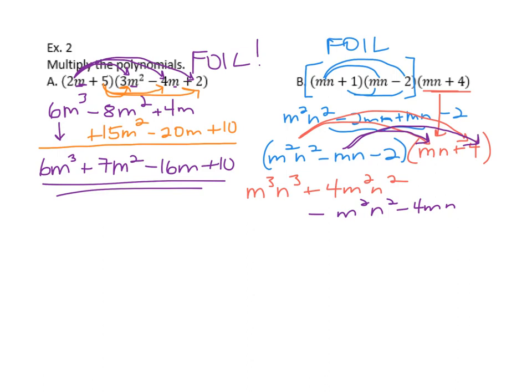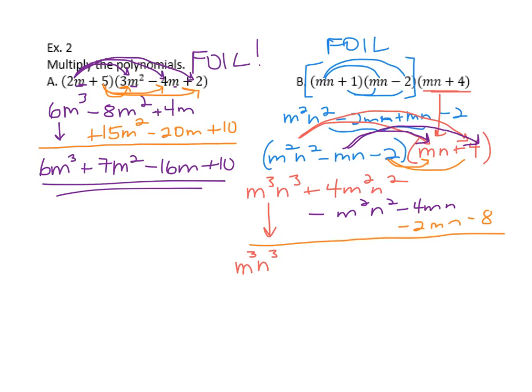That last group, the negative 2, if I can distribute that to the other parenthesis, negative 2 times mn is negative 2mn, and negative 2 times positive 4 is negative 8. Once again, combining your columns with your like terms, our lead term doesn't have anything to combine with it. It starts off m cubed n cubed.